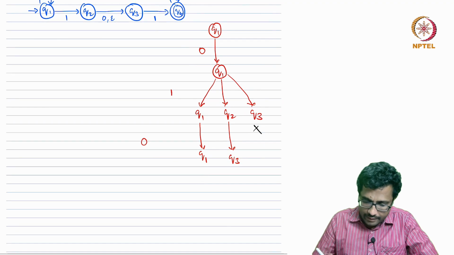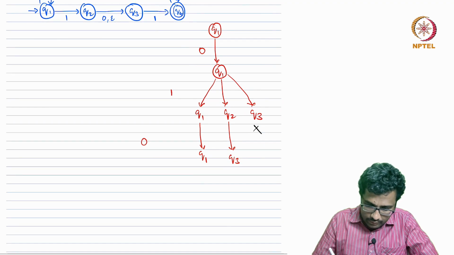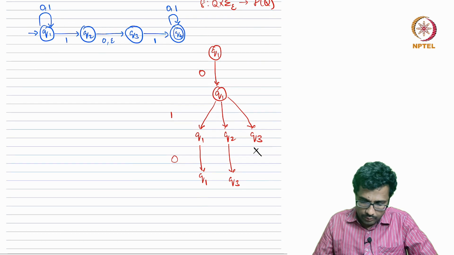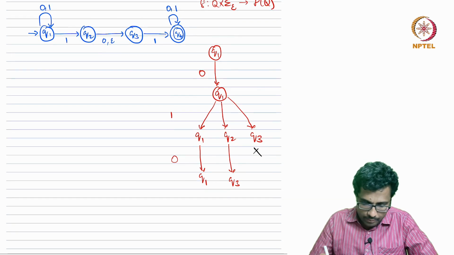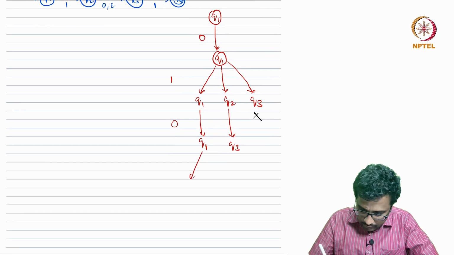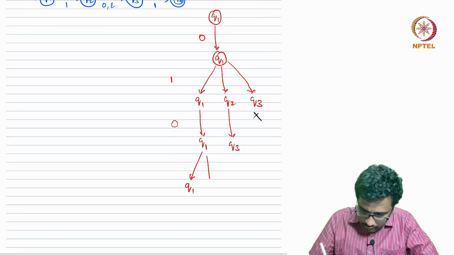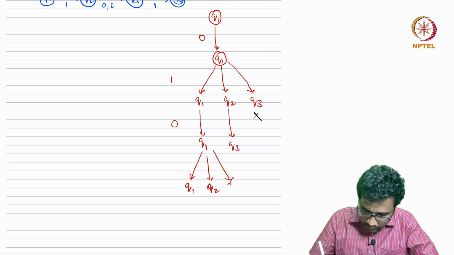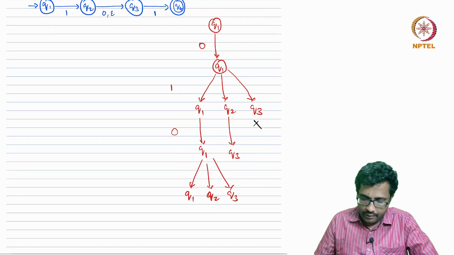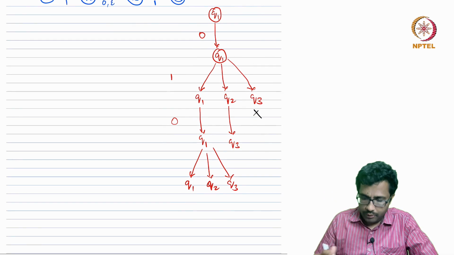Now let us say the next symbol was 1 again. So from q1 on 1, there are three options, we saw that in the second step, q1, q2 and q3. And from q3 on 1, there is only one option, which is to go to q4.